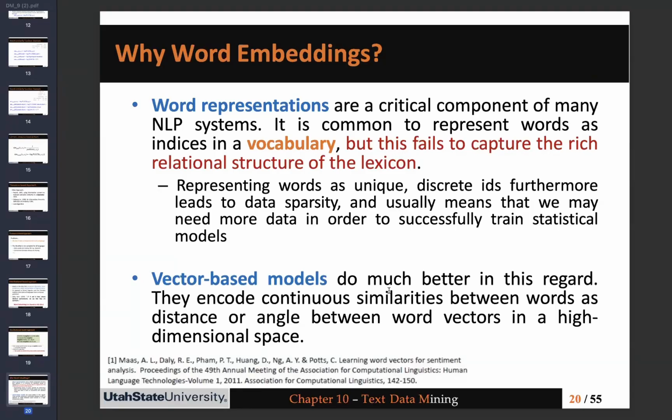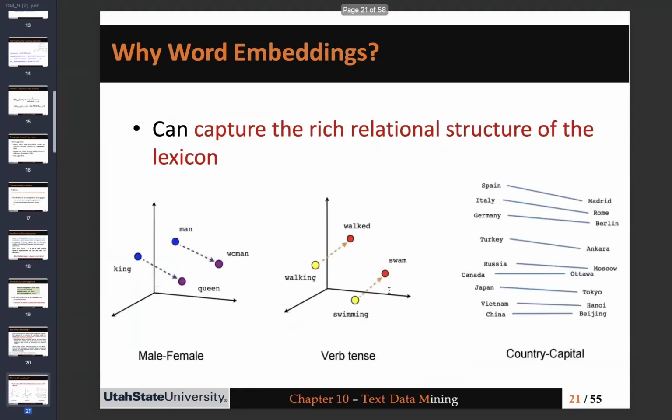The vector should not be sparse. It should be highly informative and rich in terms of representation, so not a lot of zeros inside of the vector.